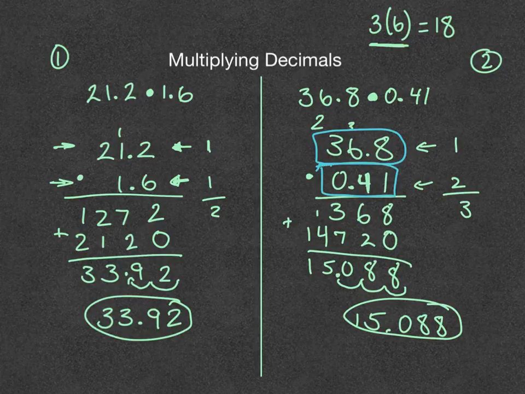If we were multiplying 37 times 1, we would get 37. If we were multiplying 37 times a number greater than 1, we'd get something greater than 37. But since we're multiplying approximately 37 times a number that's less than 1, our product is going to be less than 37.